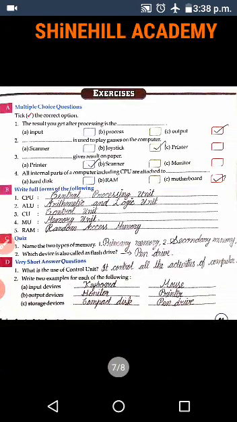Like that, for output device and storage device, I write monitor and printer, compact disk and pen drive. If you want to write anything else, you just change it. Okay. Again I read the second question. Write two examples for each of the following. Input devices, keyboard, mouse. Output devices, monitor, printer. Storage devices, compact disk, pen drive.